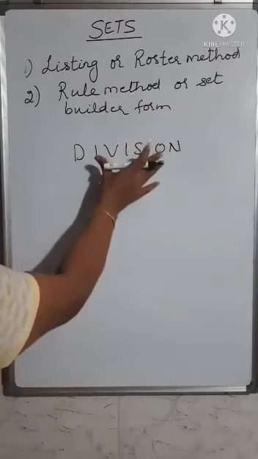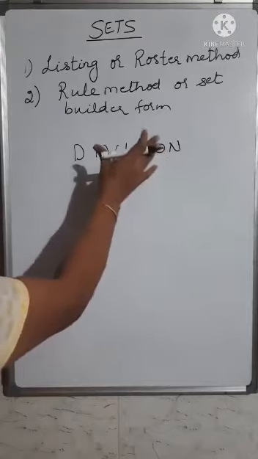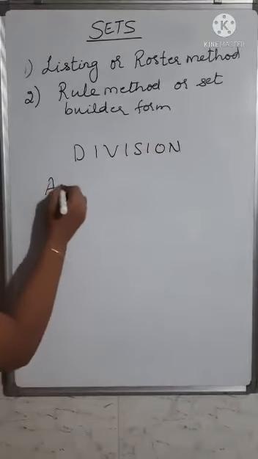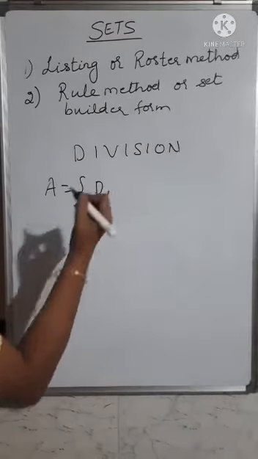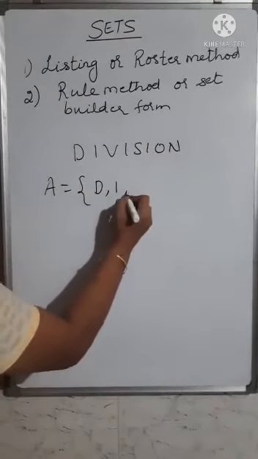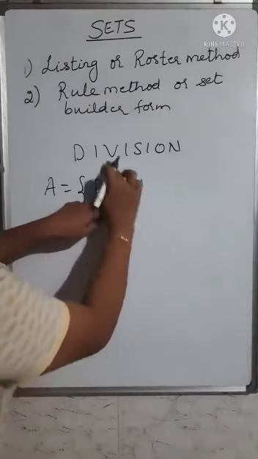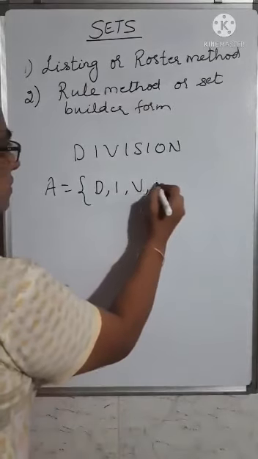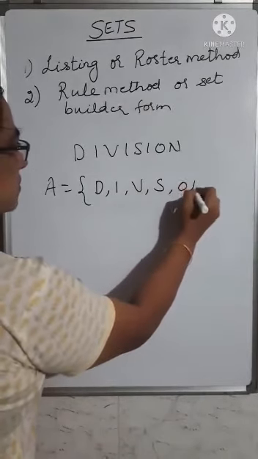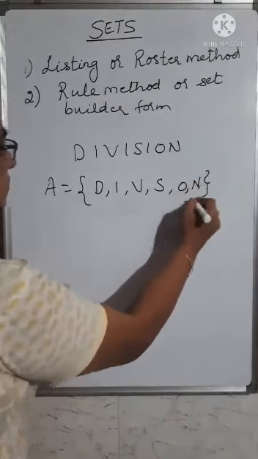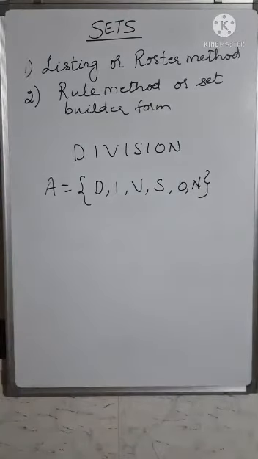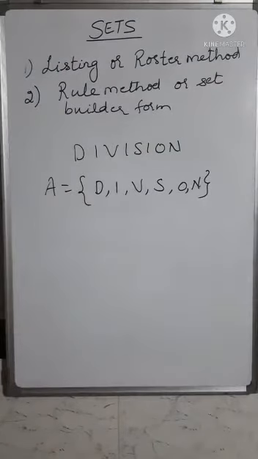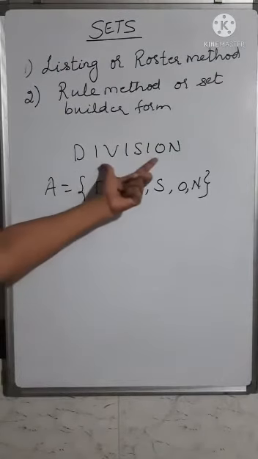You have to write all the alphabets of this word, but you should not repeat them. So now you can write this as A is equal to, I is repeated 3 times, so you don't have to repeat it, only once you have to write. Writing it like this, you call it the listing method. You have to list down each and every element of the word that is given here.